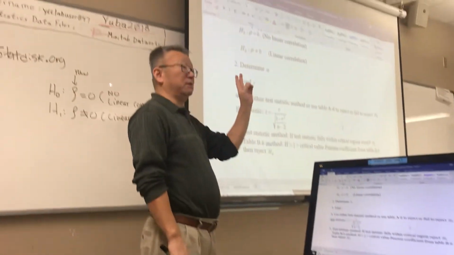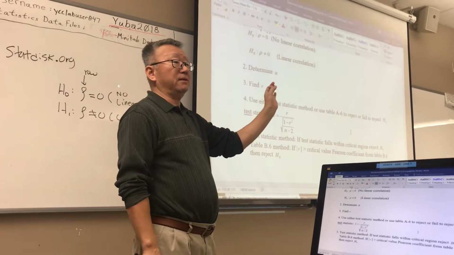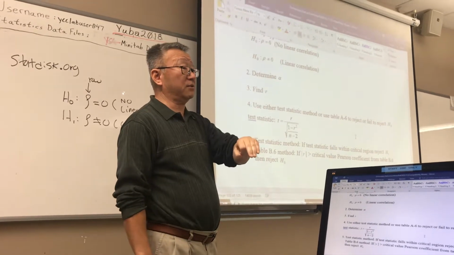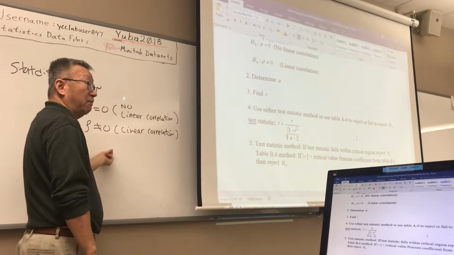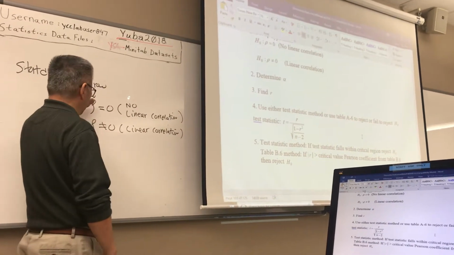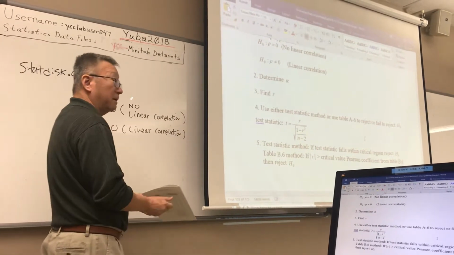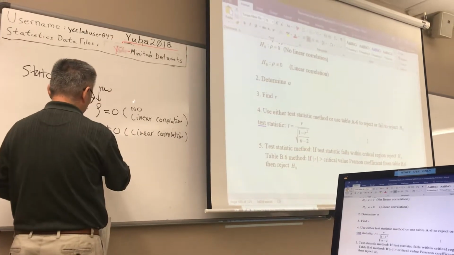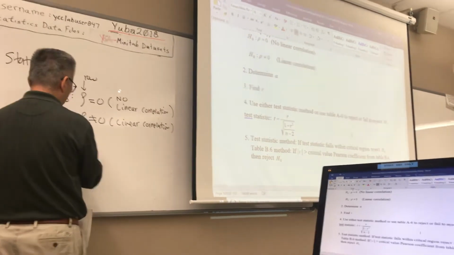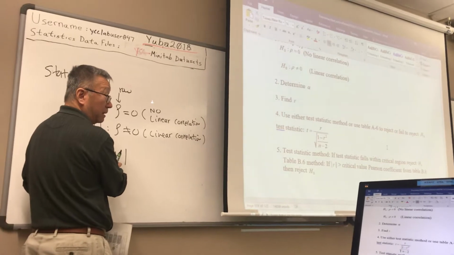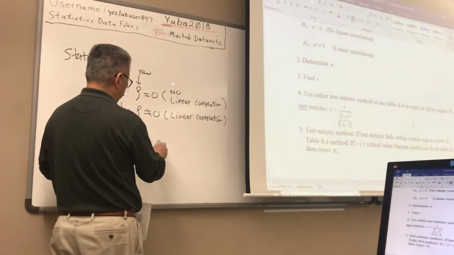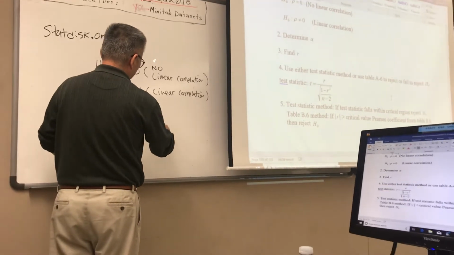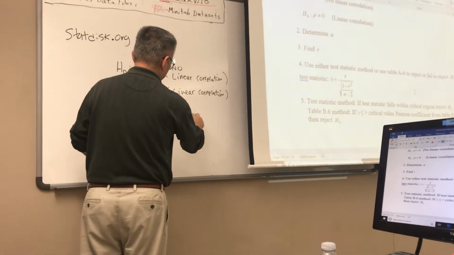So that's going to be a two-step process. Find the linear coefficient using StatDisk, and once you find that, you have to go through the formal hypothesis test. Set this up like this, then tell me your coefficient r here. Now remember, your r has to be absolute value. It's always going to be positive when you bring it out. Then compare that with the Pearson coefficient.